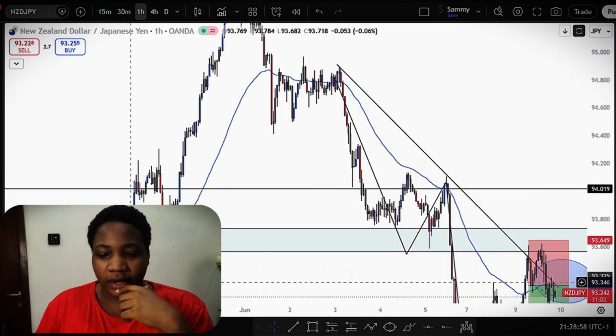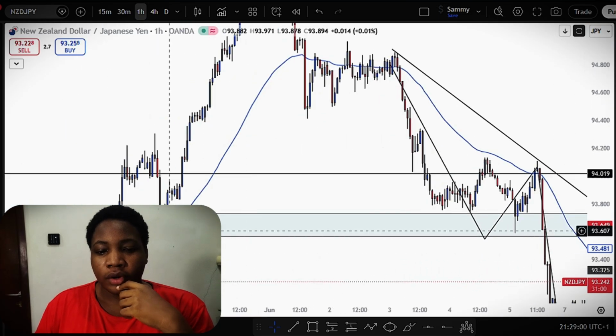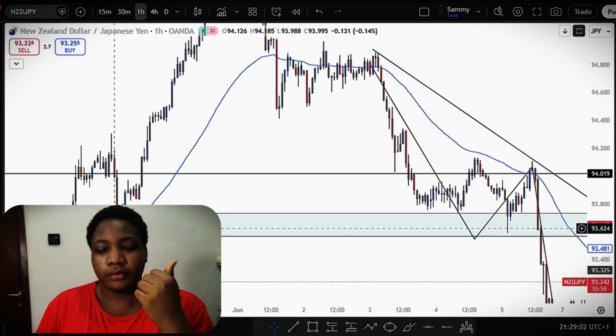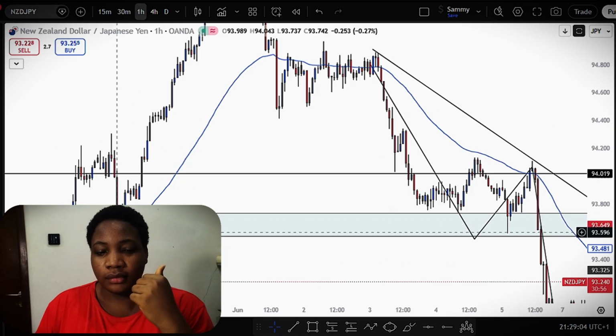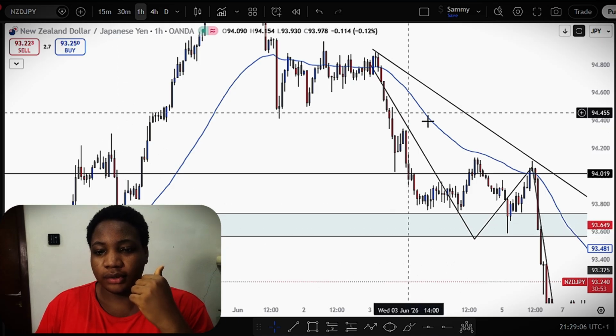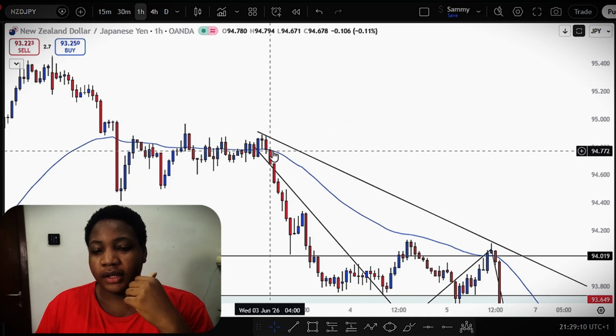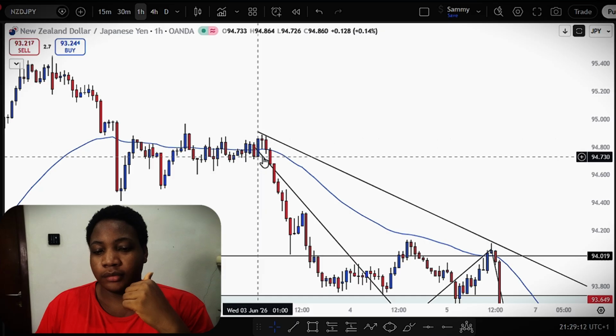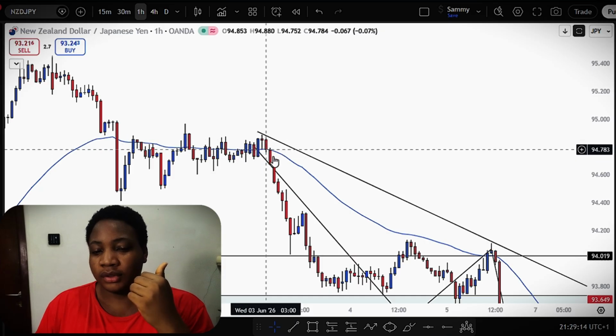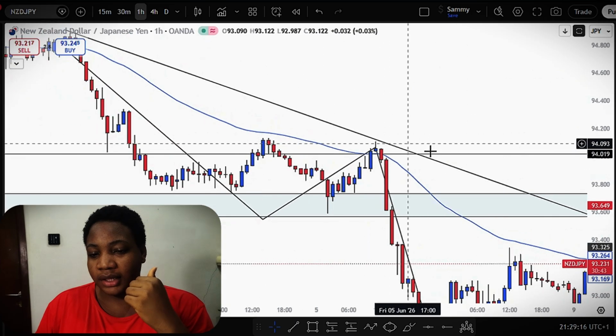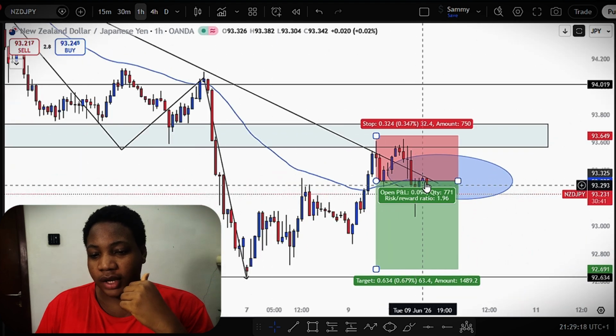Now tell me one pattern you can see here. When we are always above and price is touching the EMA, we bought. When price was below the EMA and touched the EMA, we sold. Same thing as here. What do you expect to happen here?